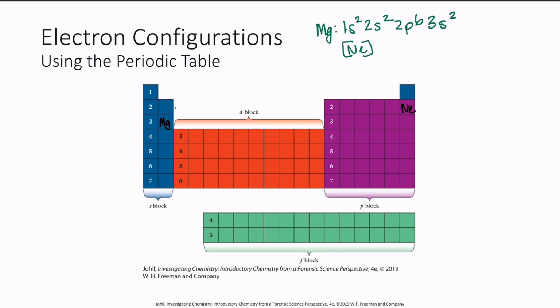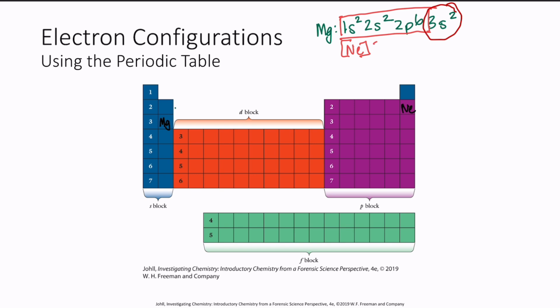And like we just saw, I'm actually going to use a different color. When we take that neon and put it in brackets, it accounts for 10 electrons. So it's going to account for all of these core electrons here. So that means the only thing that I need to include in my noble gas electron configuration is anything that comes after those 10 electrons.